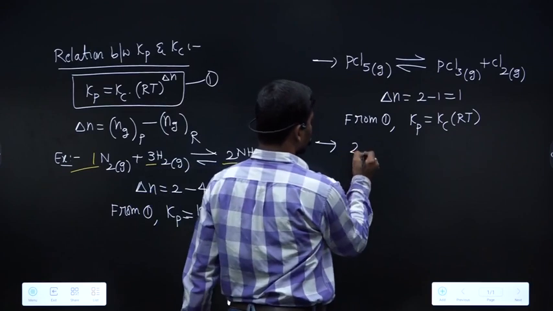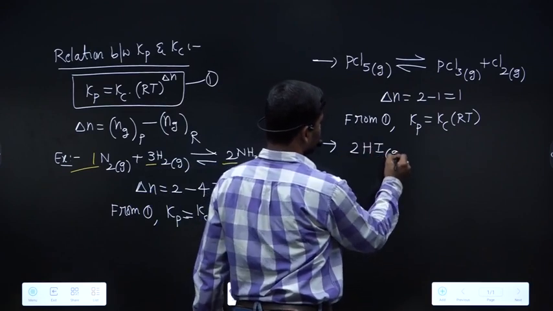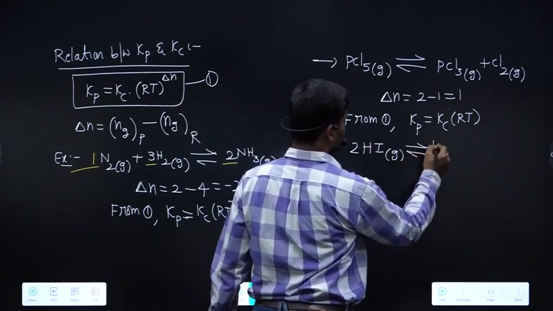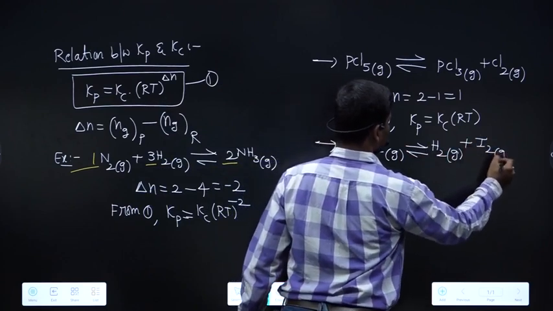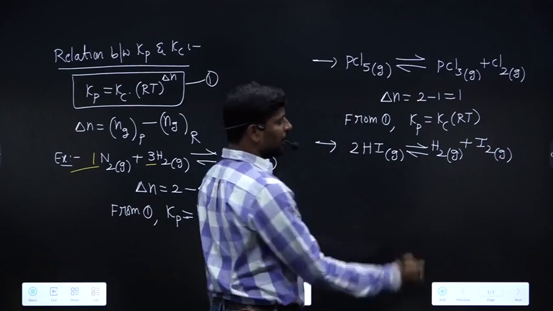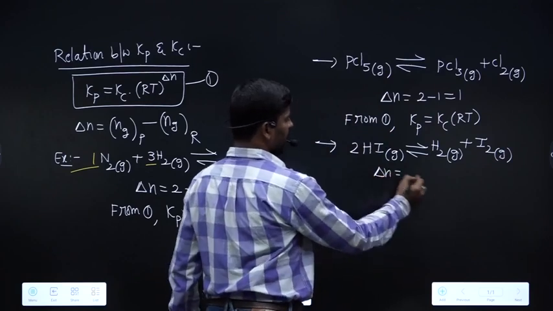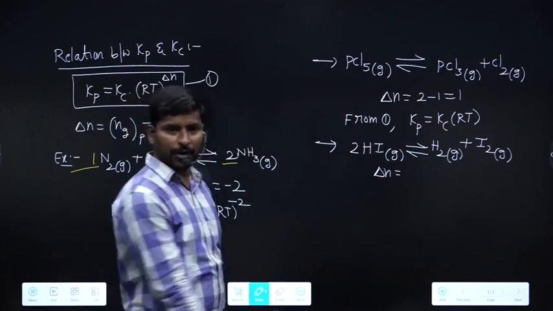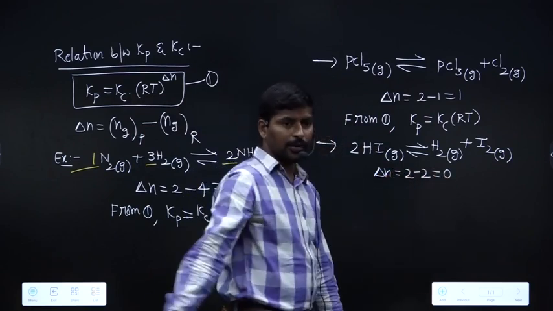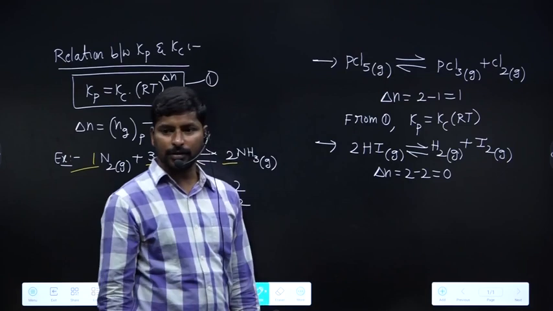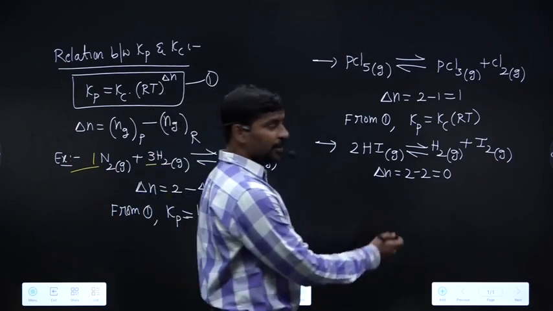And finally, if you take a reaction like this, what about delta n? Product side we have 2 moles, reactant side also we have 2 moles. So delta n value is 0.